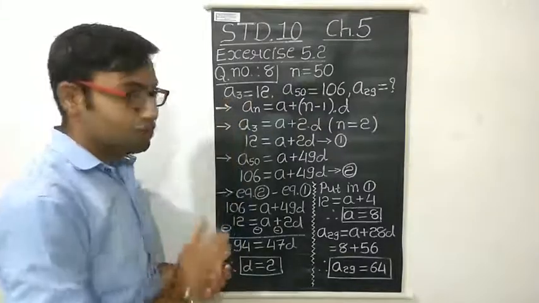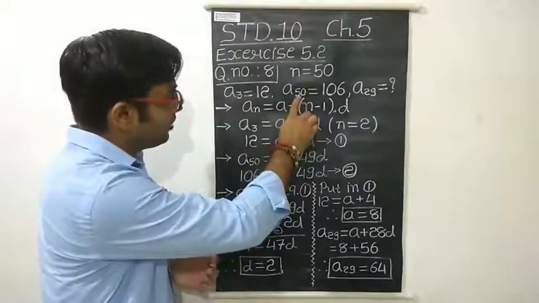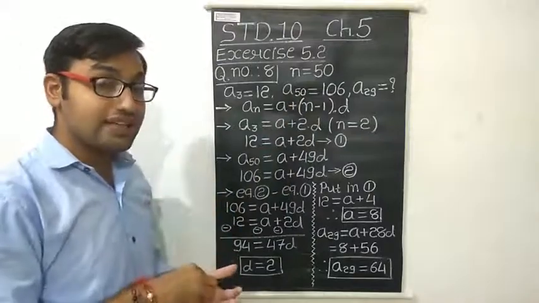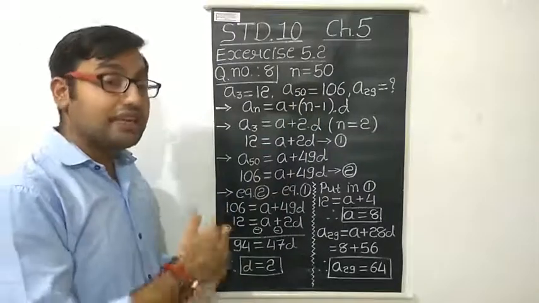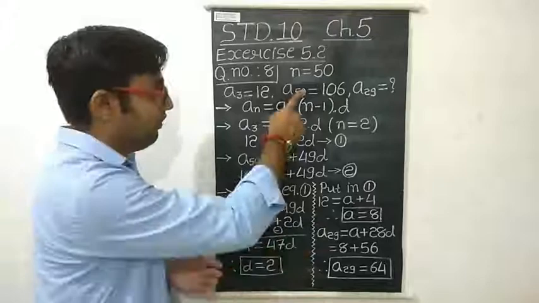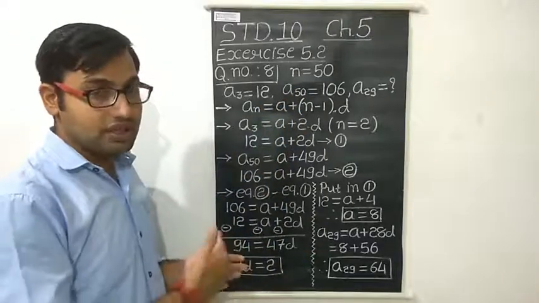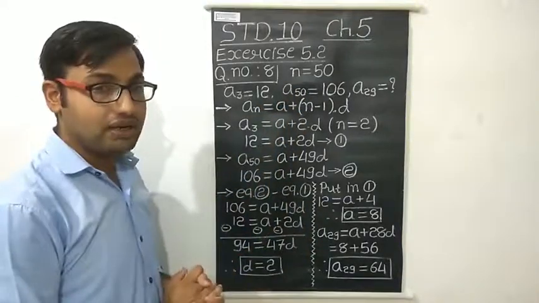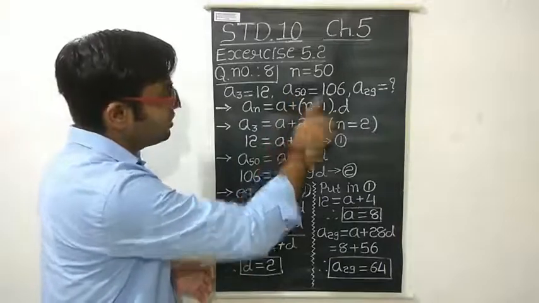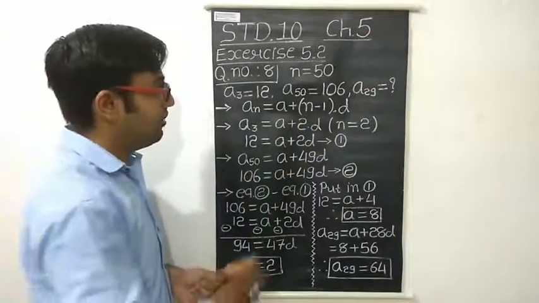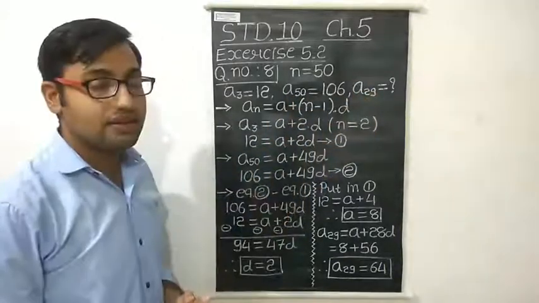The third term is 12, and the 50th term is 106, and we have to find the 29th term.